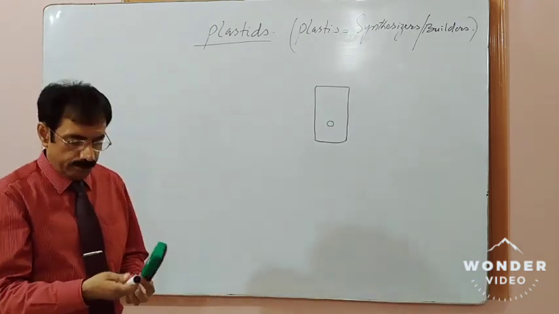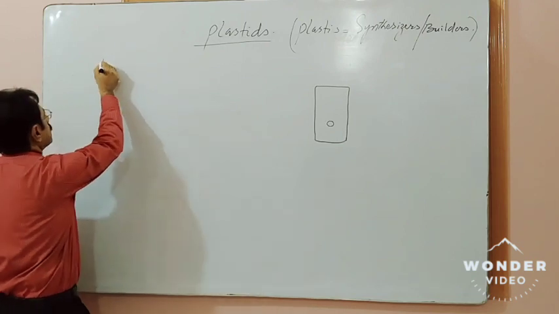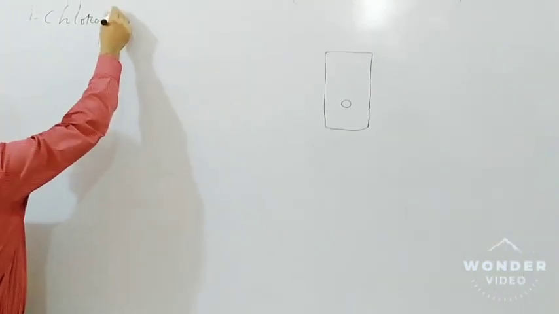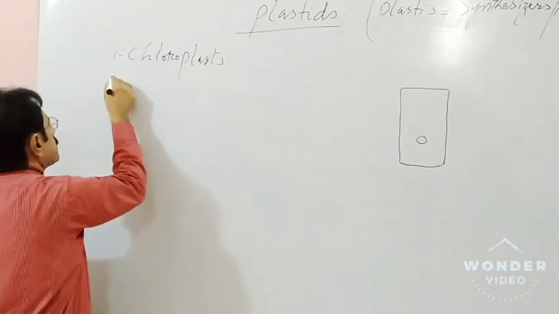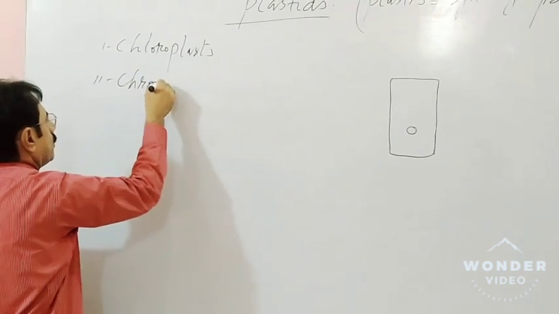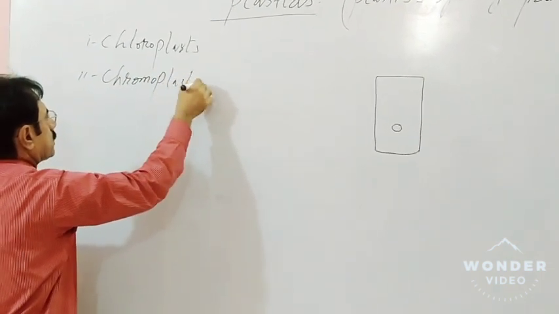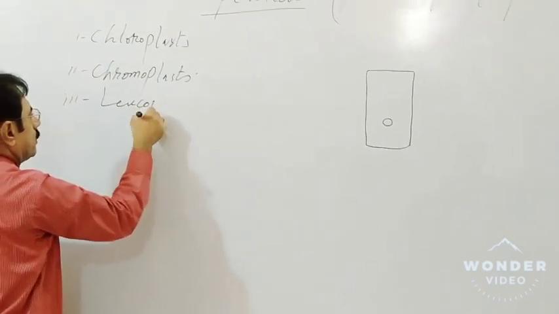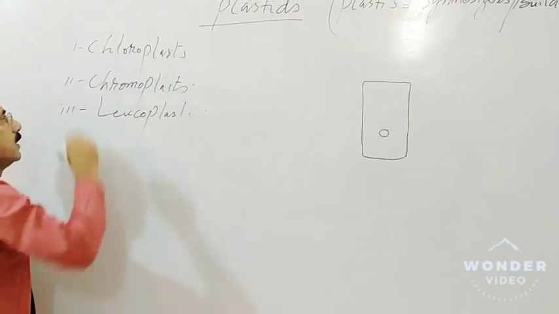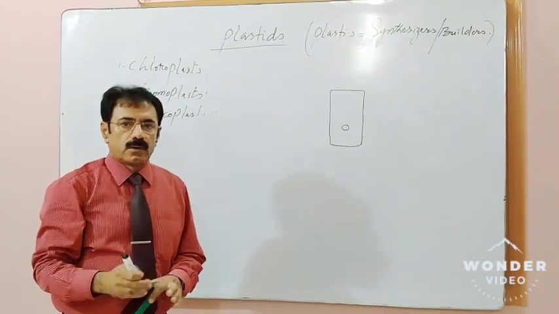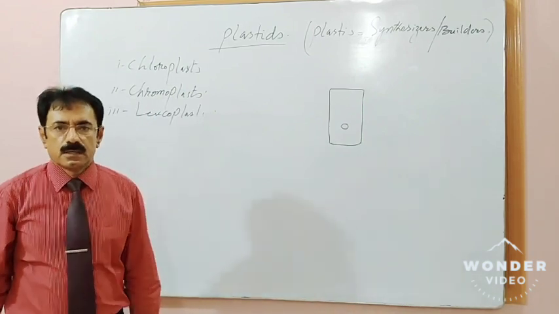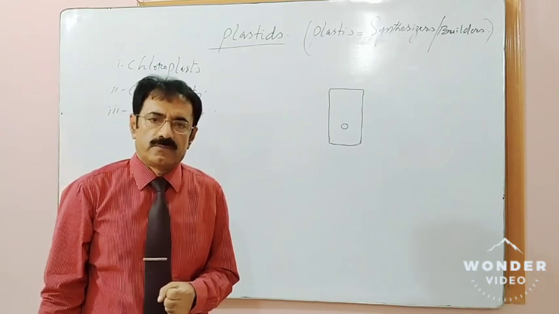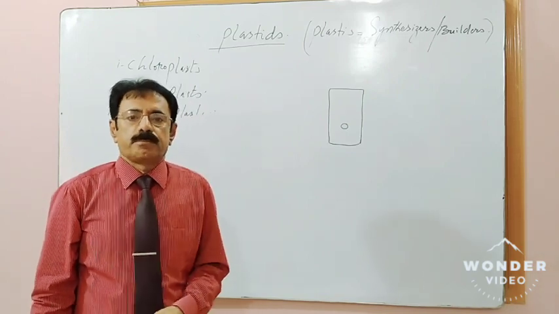There are three types of the plastids. Number one, chloroplast. Number two, chromoplast, and number three, leucoplast. Chloroplast and leucoplast are named because they are distinguished from one another on the basis of the pigment inside.